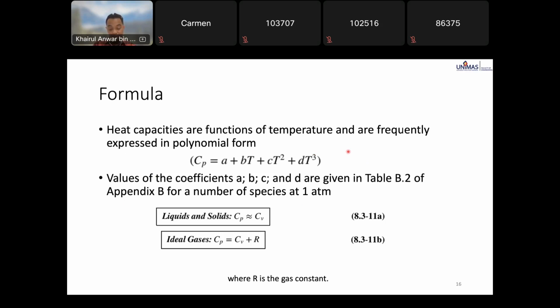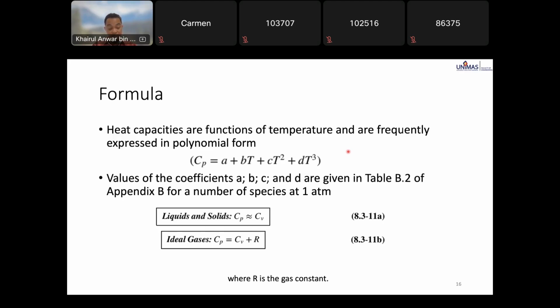Form number 1 is Cp with the expression until DT cubed. For form 2, it goes until T to the power of negative 2. So how do you know which form you should use? You refer to the table, column number 5, form.